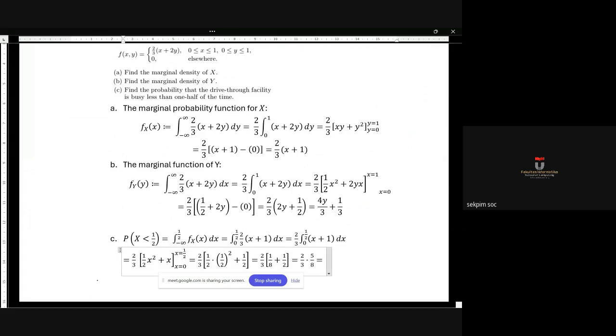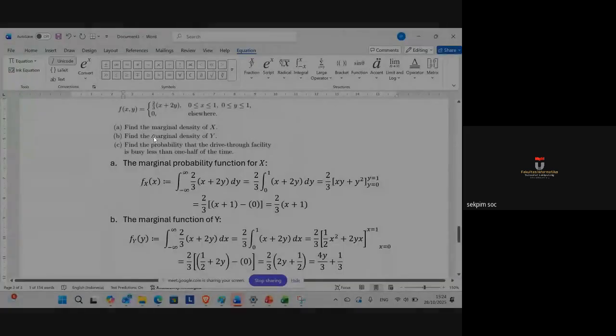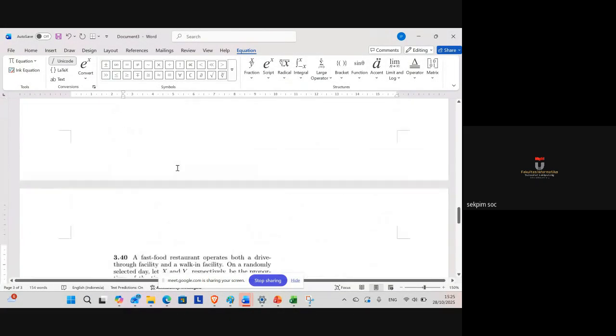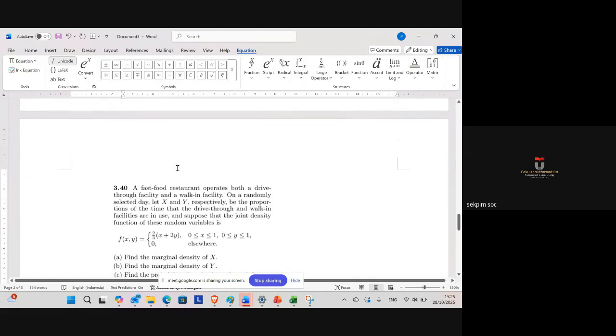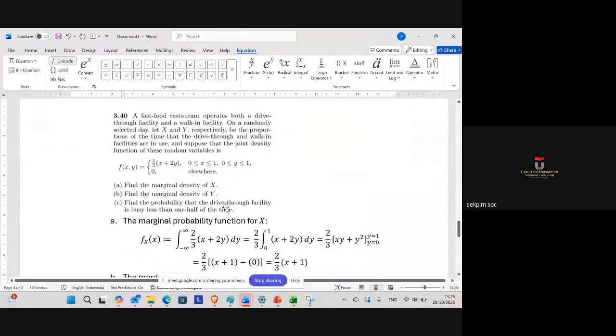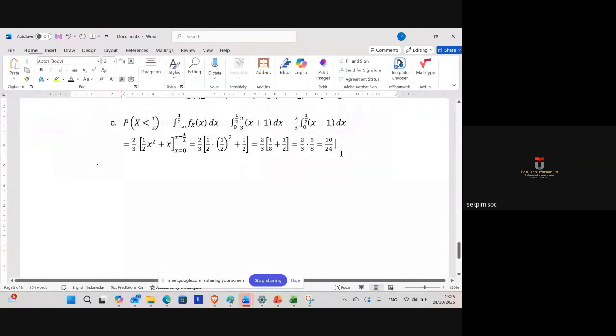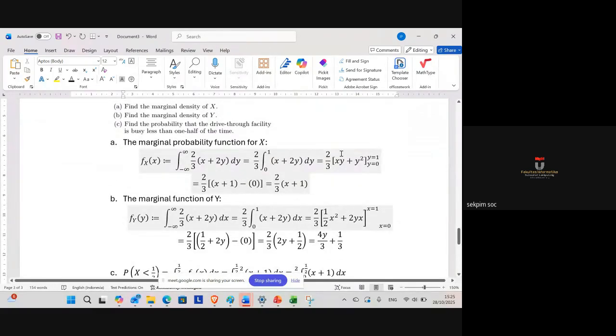So you will get 10/24. Okay, so this is the answer. This is the probability that the drive-through time is less than 1/2 of the time. Yeah. So that's the answer for the example of the continuous joint probability function.